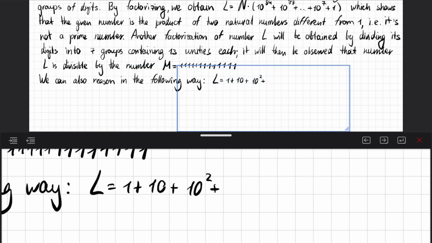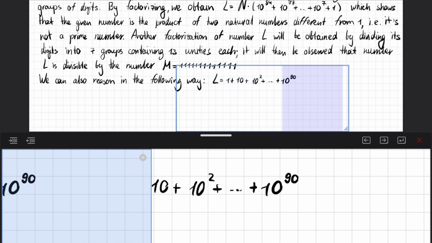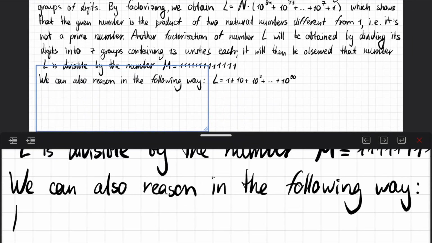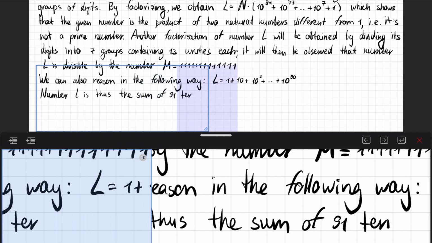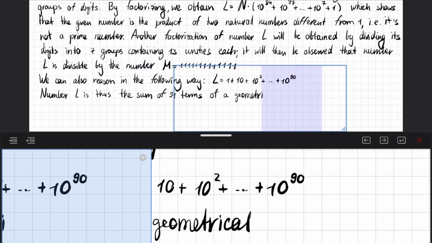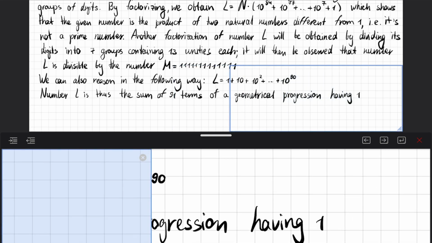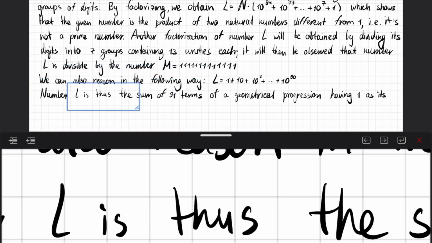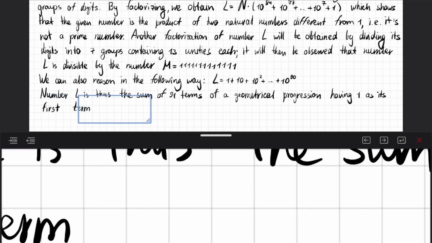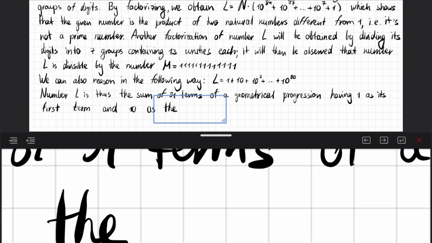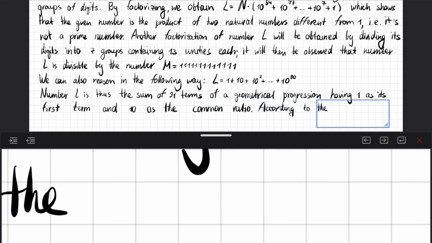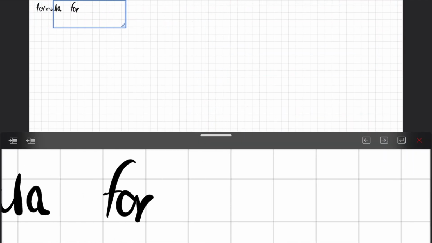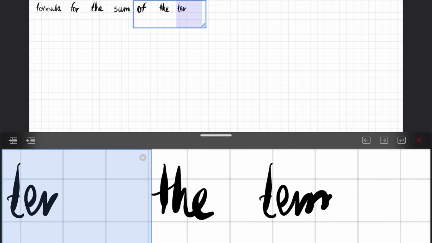L equal 1 plus 10 plus 10 squared plus and so on plus 10 to the power of 90. Number L is thus the sum of 91 terms of a geometrical progression having 1 as its first term and 10 as a common ratio. According to the well-known formula for the sum of the terms of a geometrical progression, we have L equal 10 to the power of 91 minus 1 divided by 10 minus 1.